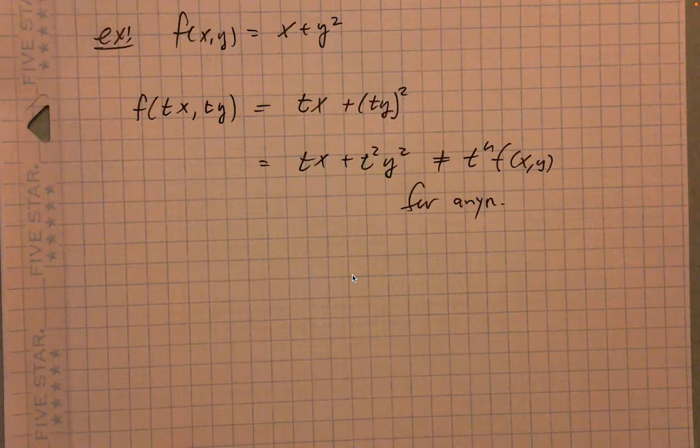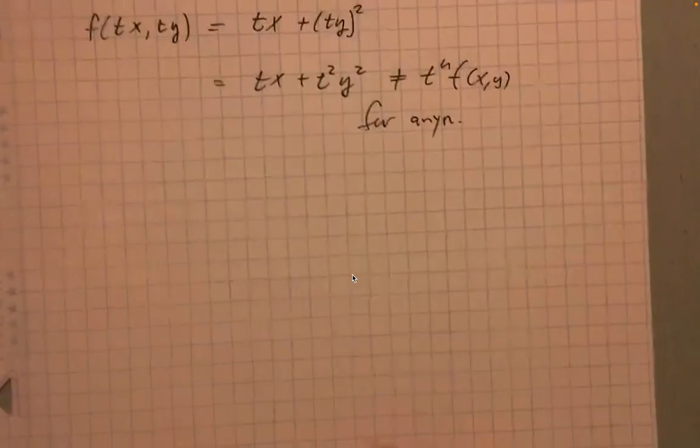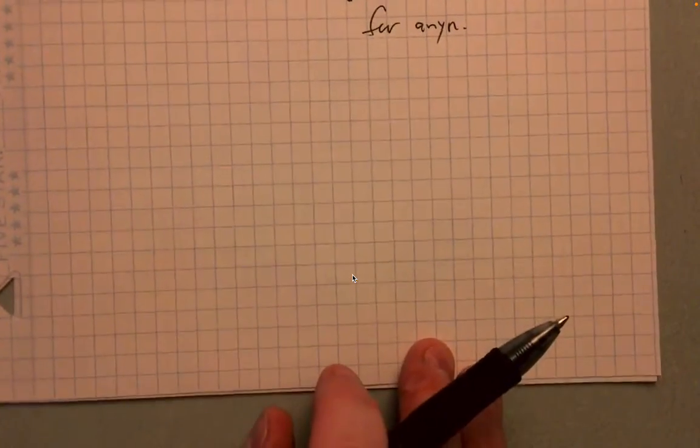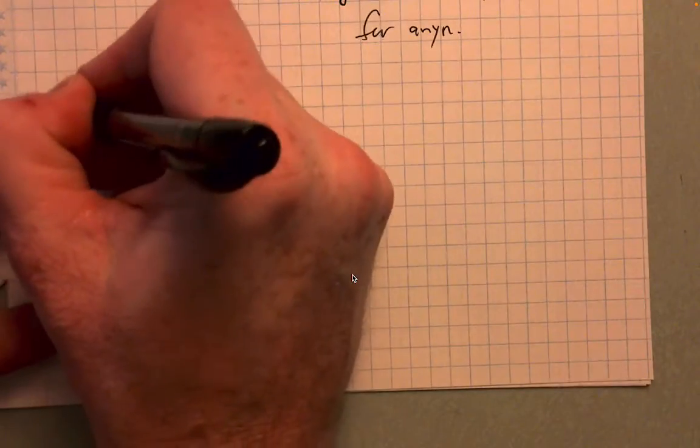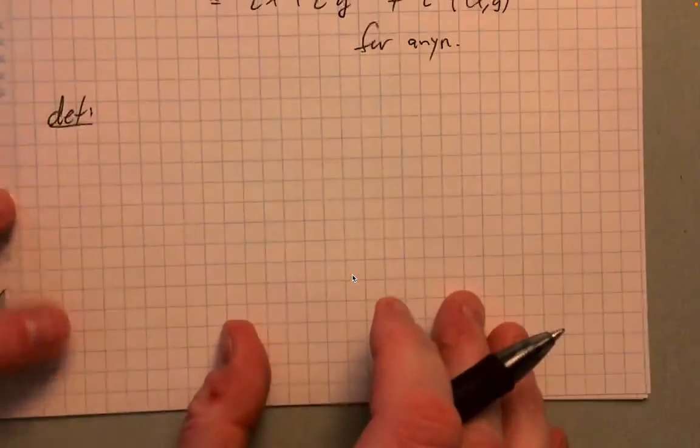Given a differential equation being homogeneous, now that we have a description of homogeneous, let's go ahead and talk through what we can do with this. First we need a more strict definition of a homogeneous differential equation.